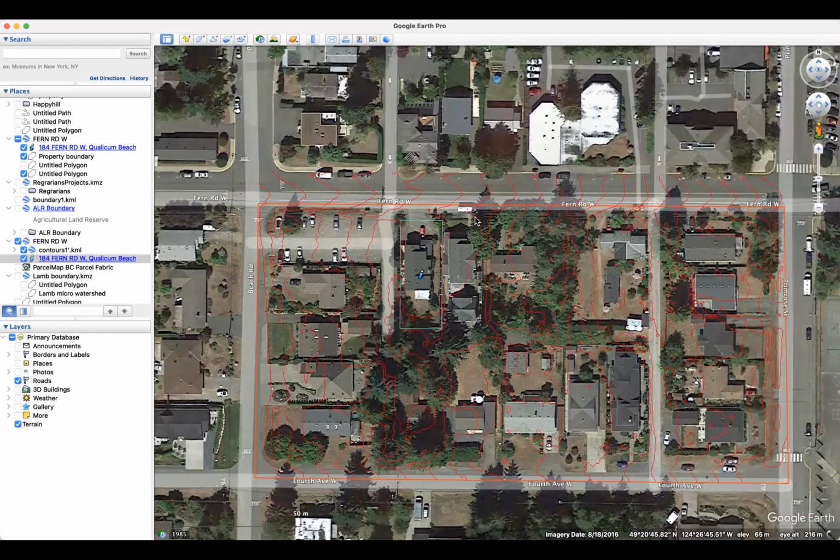So if we click on this line that's at 6553.2, 6522, 6588, you can see that this is a little bit of a high point versus the neighboring properties. So it's just a useful tool.